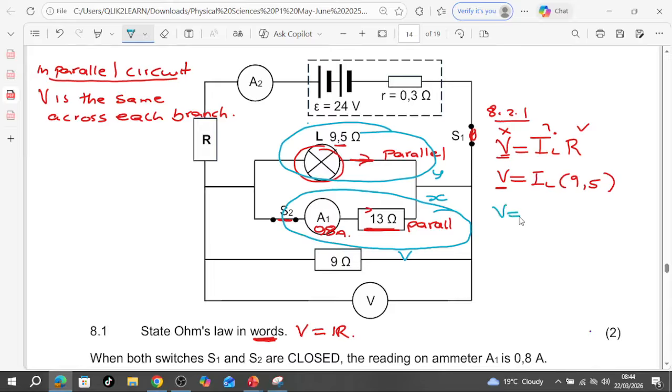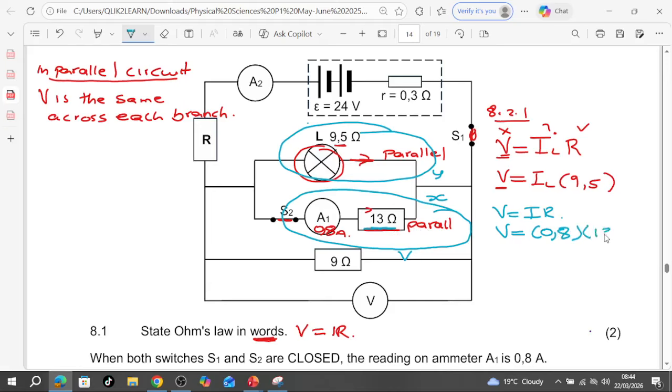V equals the current times the resistance. The current is given as 0.8, multiplied by that 13 resistor.